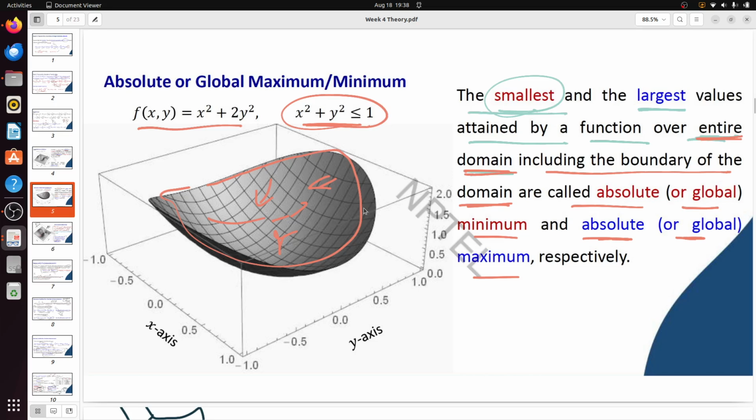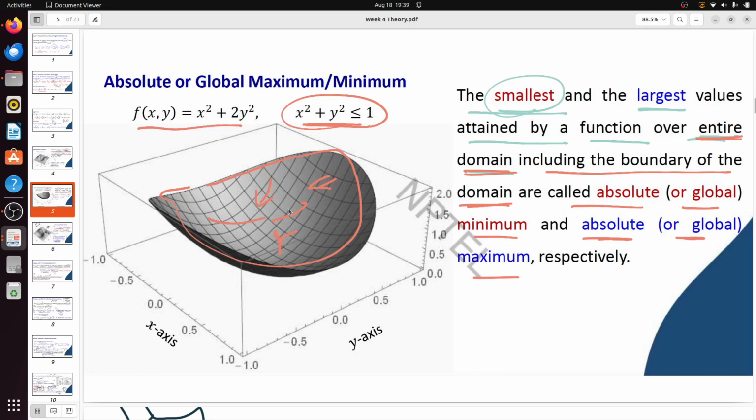So this shape looks like a cauldron or pot, right?